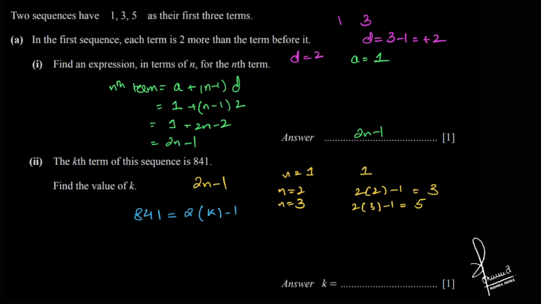And I basically want to calculate the value of k. So k will equal 841 plus 1 is equal to 2k. 842 is equal to 2k. k will equal 842 divided by 2 which is equal to 421. So k will equal 421.